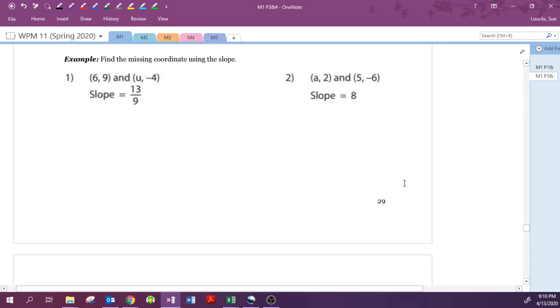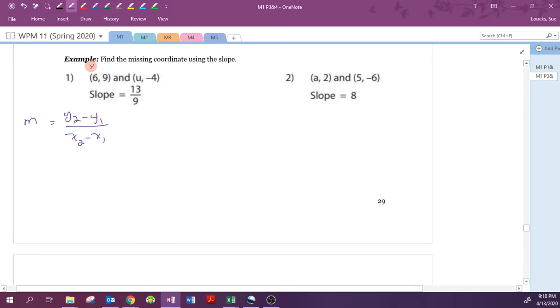Okay, we're now on page 29, and this time we are going to find a missing coordinate given the slope. So there's a little bit of algebra involved in this. We're going to use the same formula that slope is y2 minus y1 over x2 minus x1.